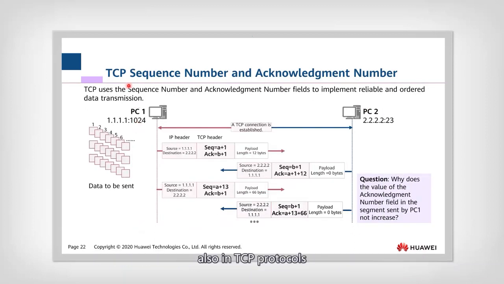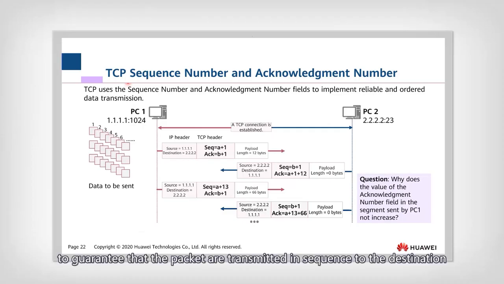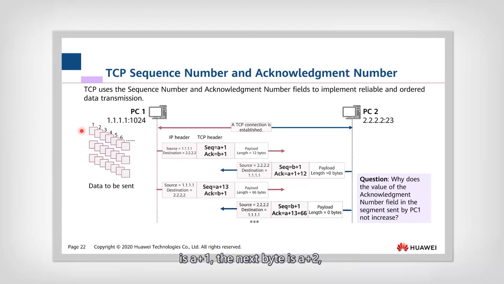Also, in TCP, to guarantee that the packets are transmitted in sequence to the destination, they need to give a sequence number to each packet. The sender numbers each byte to be transmitted to the TCP receiver. For example, in this packet the first byte is A plus 1, the next byte is A plus 2, and the third one is A plus 3.